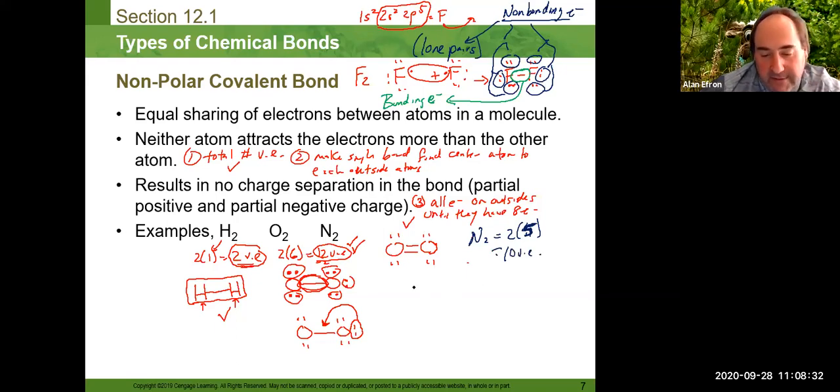So if we follow sort of the same approach, right? We've got a nitrogen and a nitrogen. Usually the first thing you want to do is just make a single bond, and that is 2 electrons. That means, again, I have 8 electrons to go. That's going to go on the outside in pairs. So that is 2, 4, 6. This nitrogen is now full, at 8.